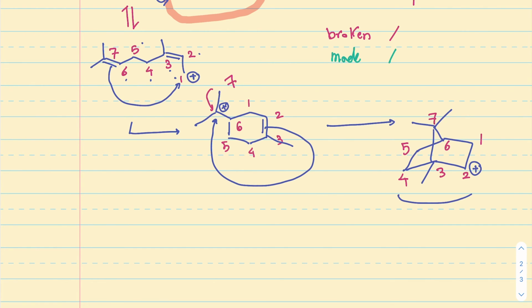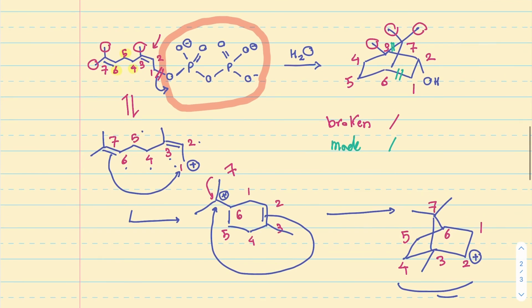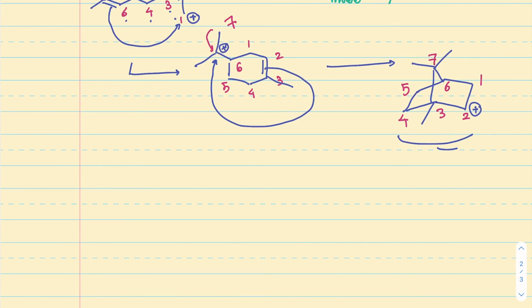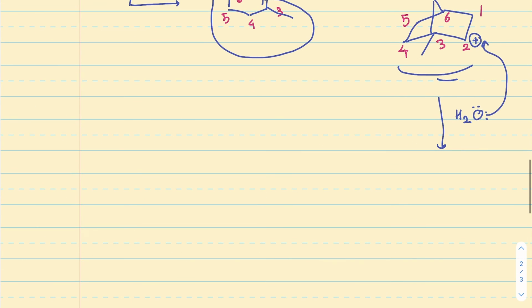And now looking at this, this is very close to the structure of the product. It's just flipped, it's just rotated, which is perfectly fine. And all that needs to happen now for me to get the product is that this carbocation needs to be intercepted by a water molecule and basically form an alcohol.